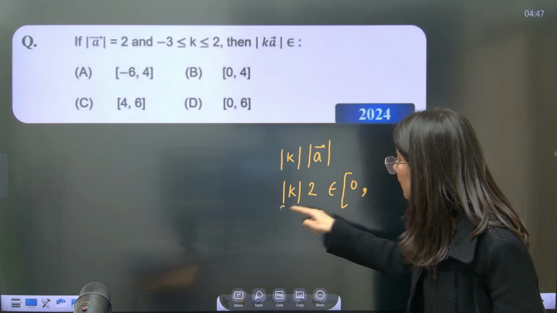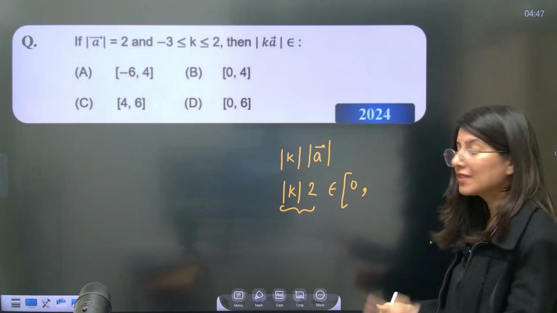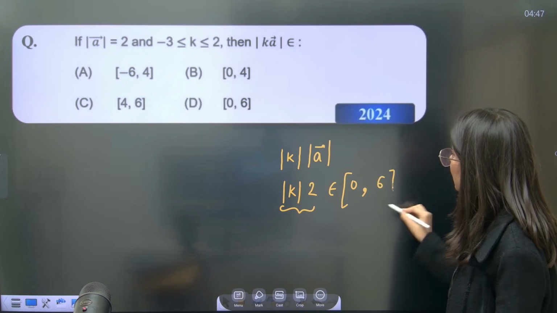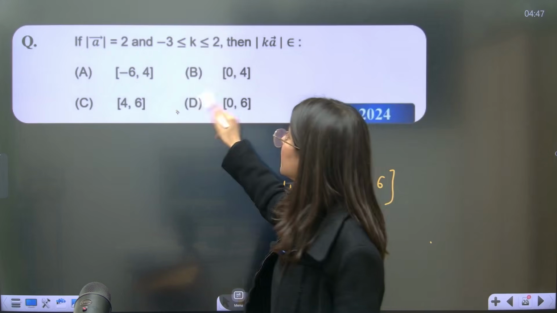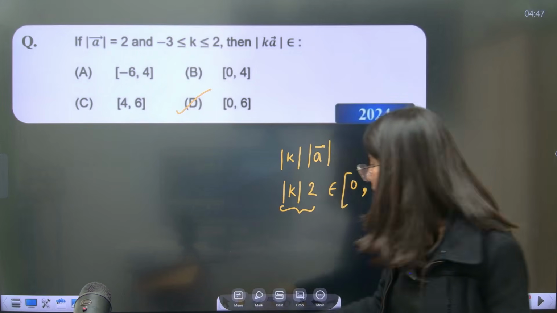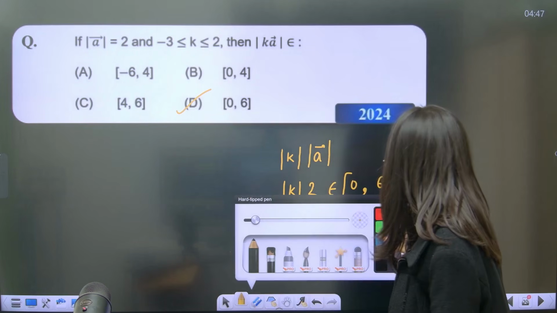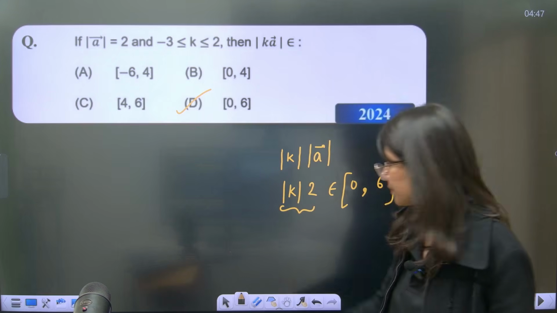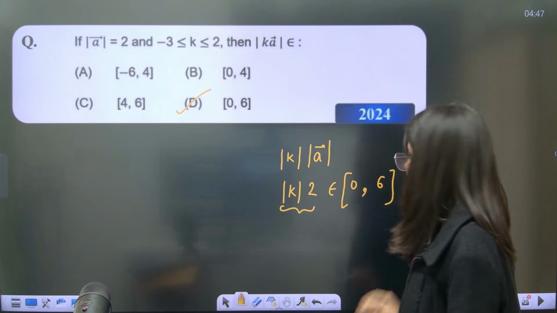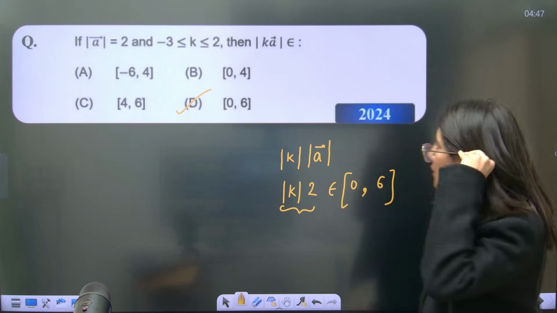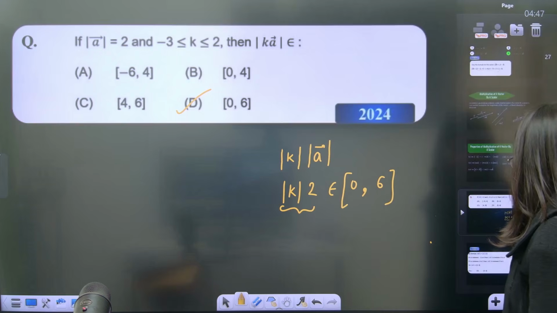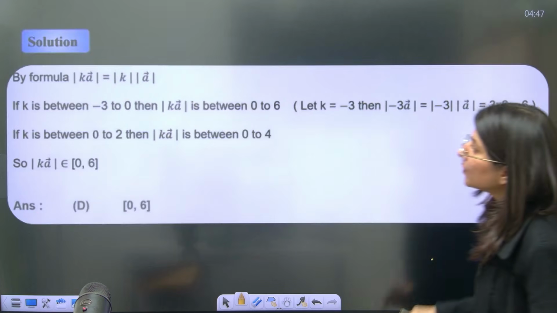So this K into 2 will become 6. If you put K equals minus 3, so 0 to 6 is the correct answer. Option D, CBSE 2024, done and dusted. Okay. All right. Clear?